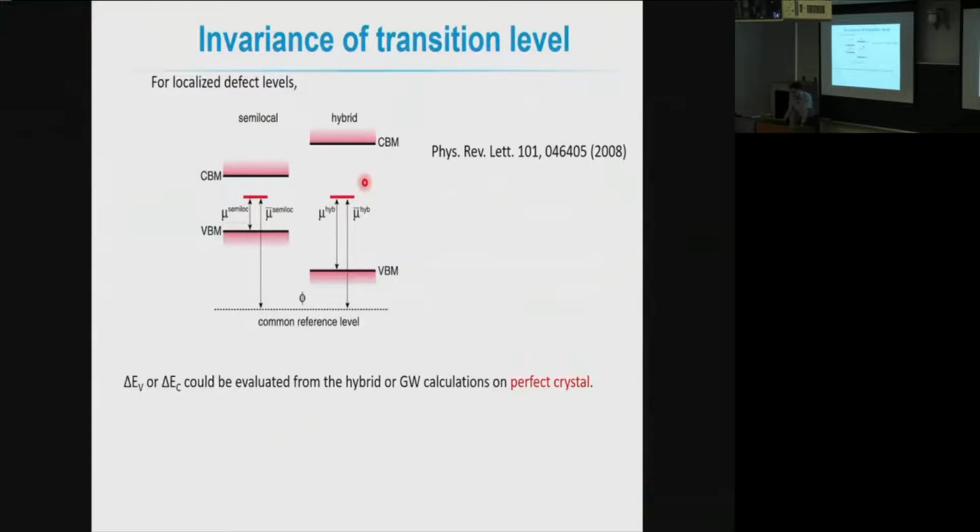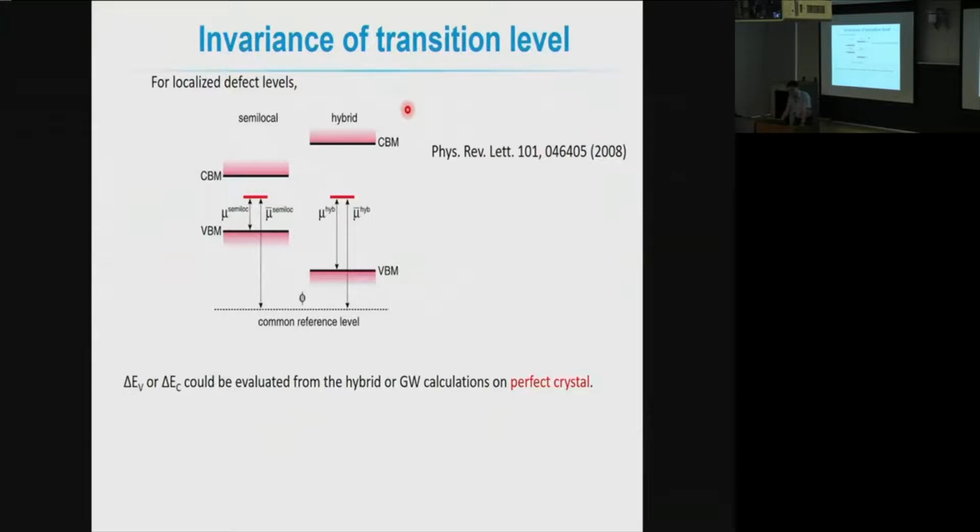But one trick, or one simple way to reflect the band gap correction, is to use the so-called invariance of the transition level, and it was found in this paper that they compared the defect transition levels of several materials using semi-local functionals and hybrid functionals. The hybrid functional gives you the right band gap, right?